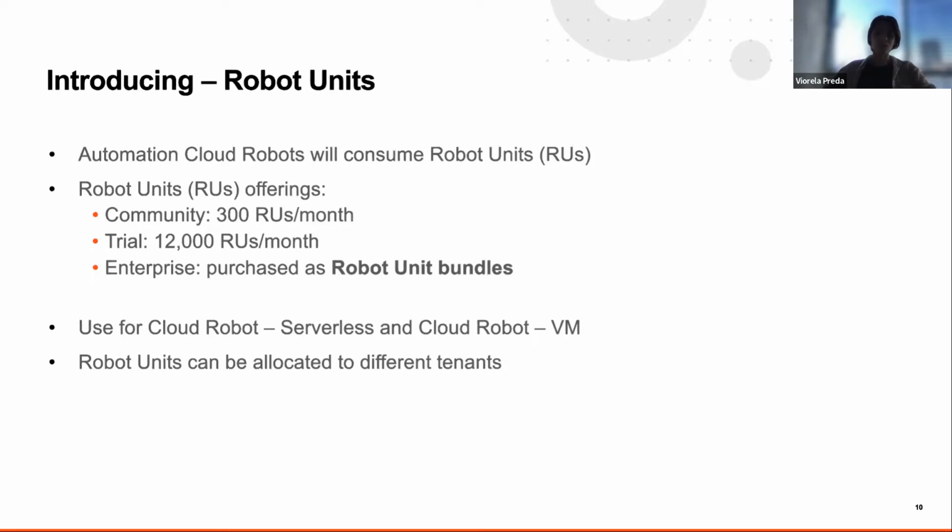But in that month you could perform unlimited executions with this consumption. And as mentioned here as well, robot units are per tenant. So you allocate from the pool of robot units in your organization to each Orchestrator tenant, and you consume from that tenant pool everything that you do with the machines.